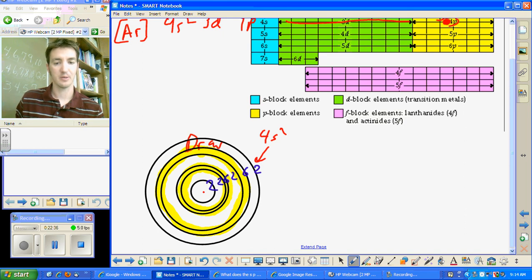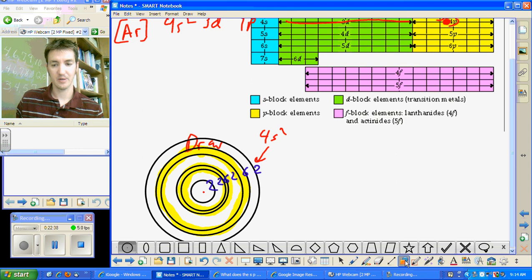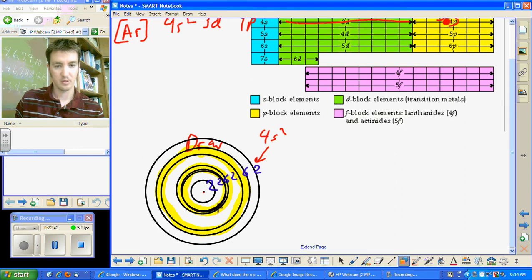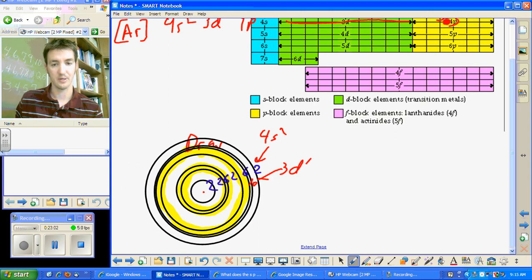So outside of what we'd already drawn for that, we have another shell here, and on that one we add another 10 electrons, and that is the 3d10.